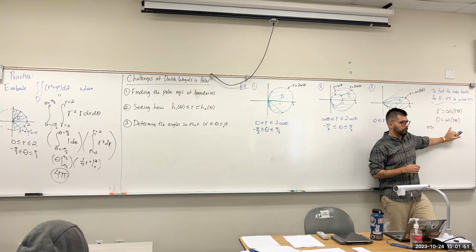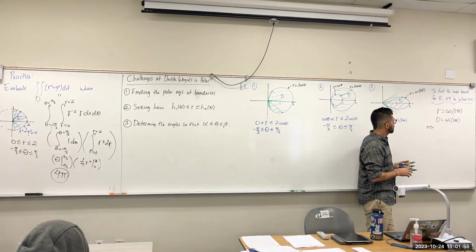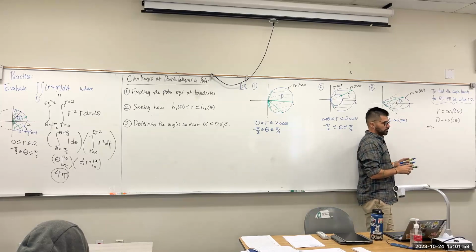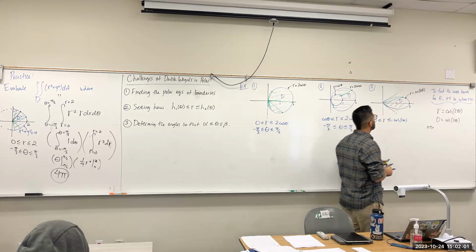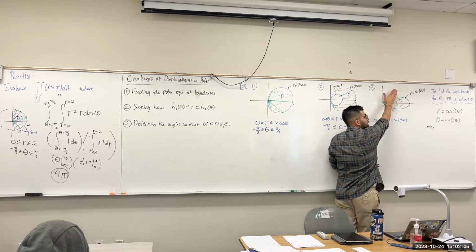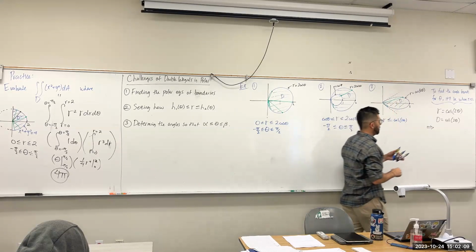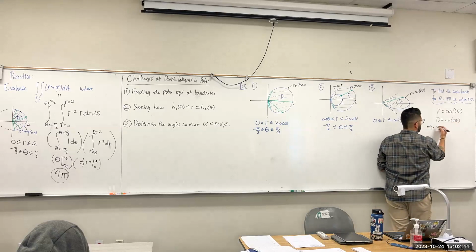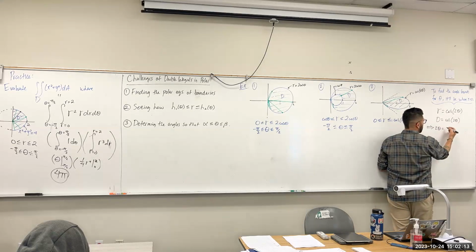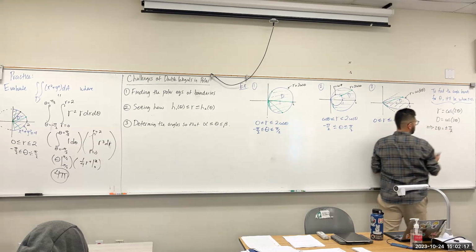So you do have to use a little bit of your knowledge of trig. Since there are 4 petals, can you also just figure out that it's pi over 4 instead of 2? Yes. But sometimes the petals are rotated, so the angles might differ. But yes, in this case, yeah. So this tells you that your 2 theta is going to have to equal, what did you guys say? Plus or minus pi over 2.